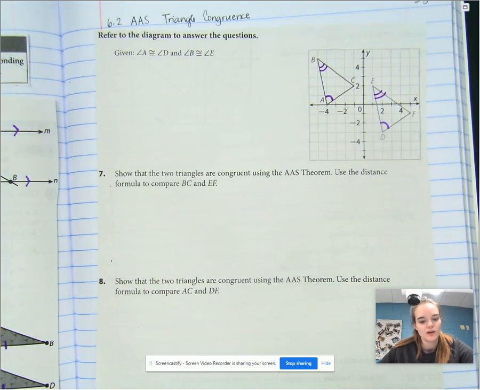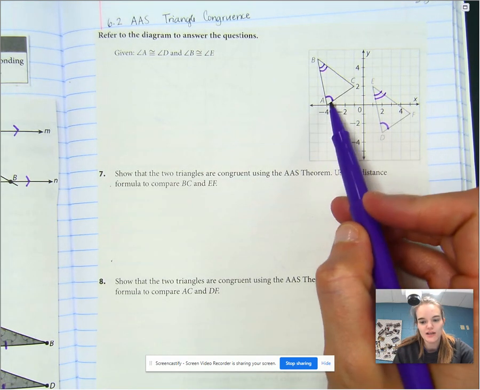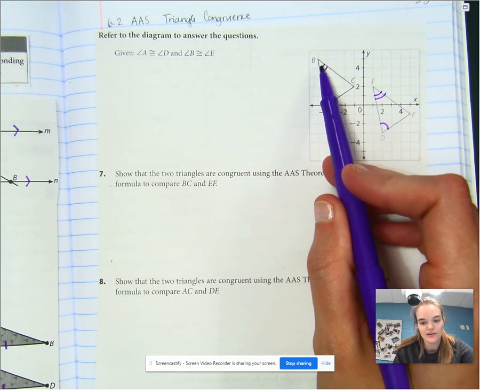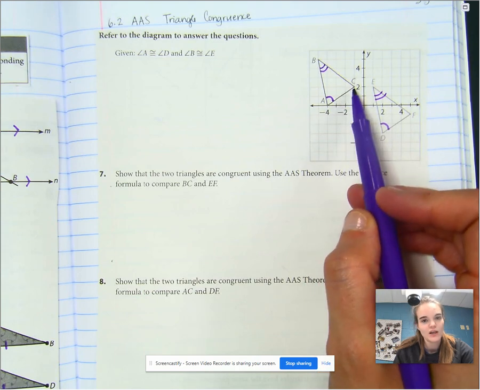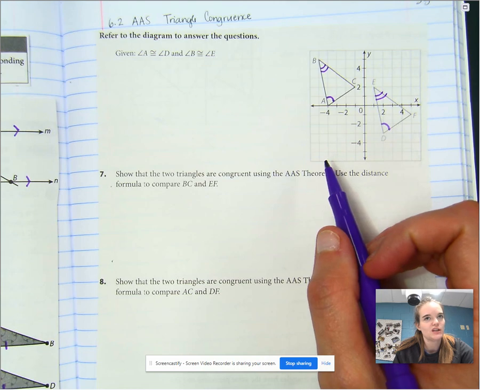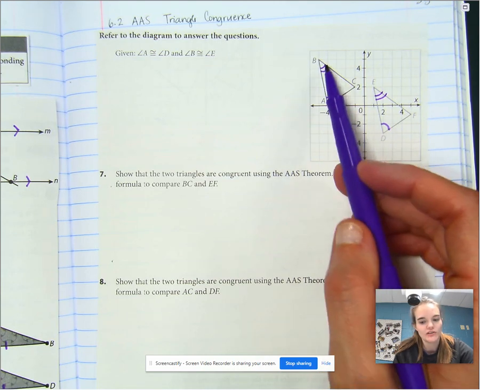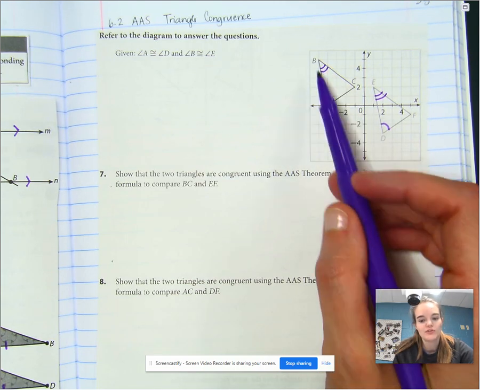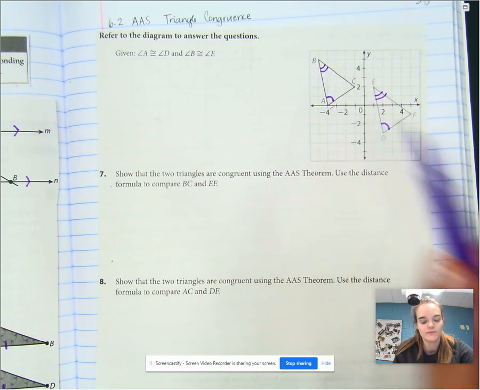Here's what I mean by that. 7 and 8 are going to have us show that it's angle, angle, side, and then that it's angle, angle, side, okay? Obviously, we don't normally have to do both. It just wants you to understand that both work, okay? That not only does angle, angle, side this way work, but so does angle, angle, side this way, okay?